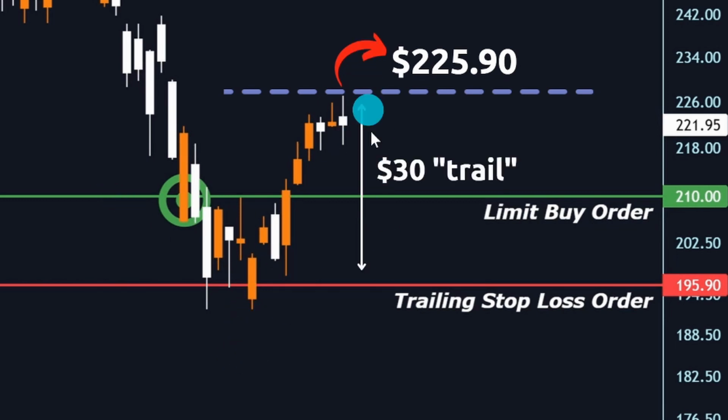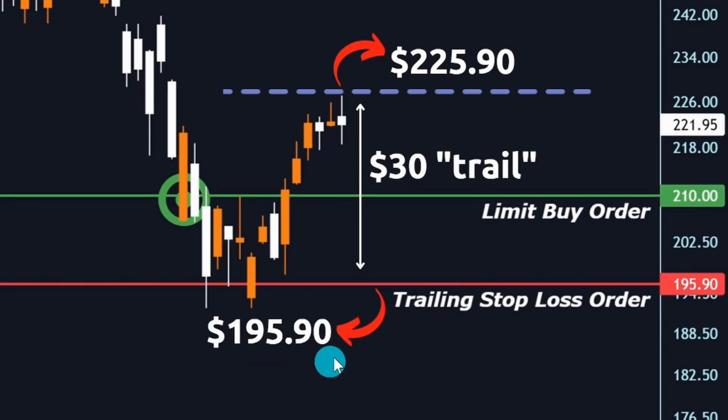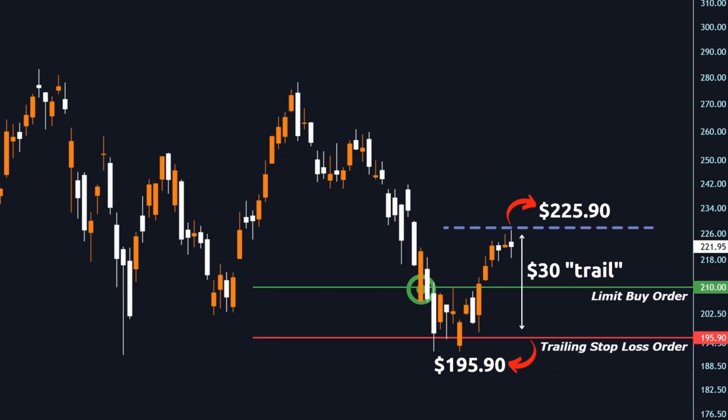And it is now $30 away from that new high, which is $225.90. So the trailing stop loss order is now at $195.90.